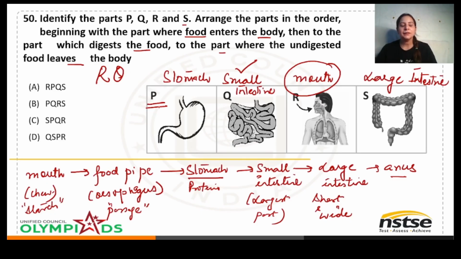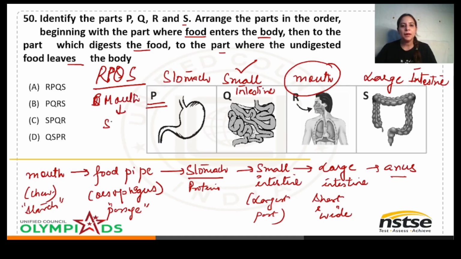So let's write it down, then we'll clarify it. The part where the undigested food leaves the body is S. And in between we'll write P also, because P also acts as a passage where digestion still goes on. So the correct option is RPQS, where P is stomach and R indicates mouth.